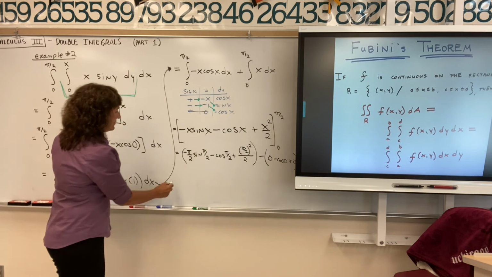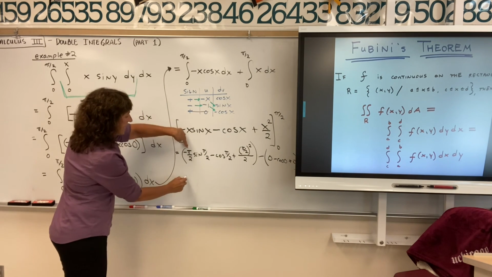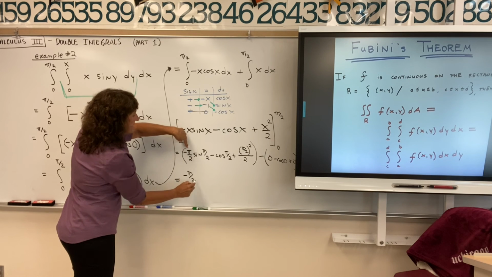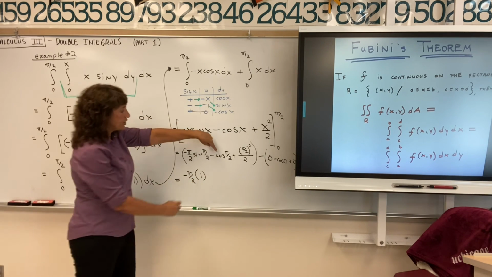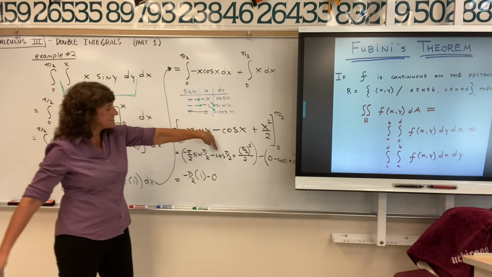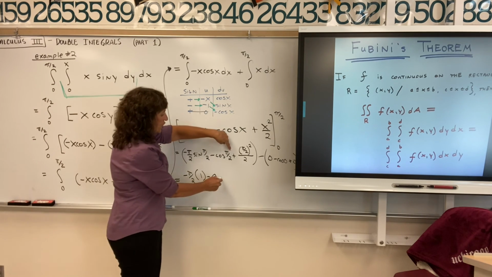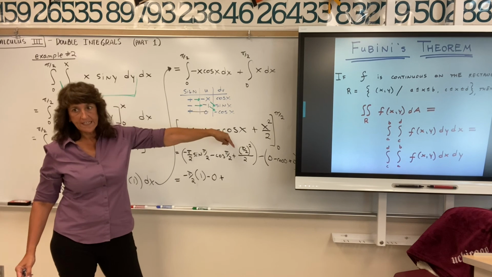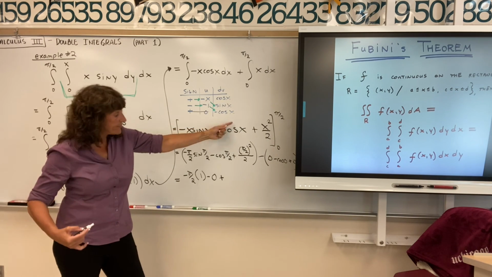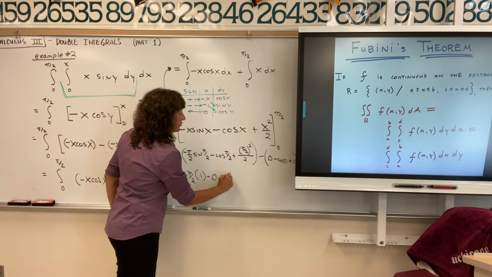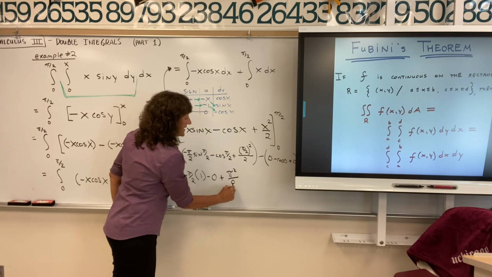So when you compute this, you have pi over 2, okay, times sine of pi over 2, which is 1, okay? The cosine of pi over 2 is 0, all right? When you take the pi over 2 quantity and square it, you're going to have pi squared over 4, and that's over 2, so this gives you a pi squared over 8.